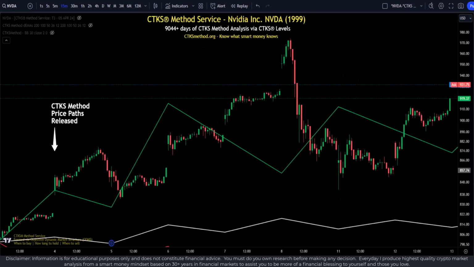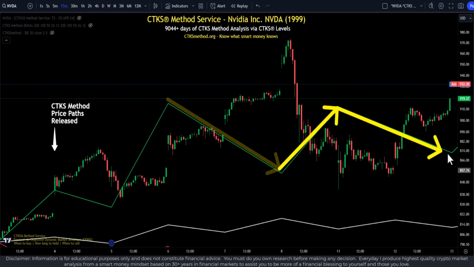When looking at NVDA, the normalized price paths for the positive side, the neutral side, and the downside for NVDA were released right back here on around the 4th US time. And what we can see is this normalized price path has predicted price relatively well.